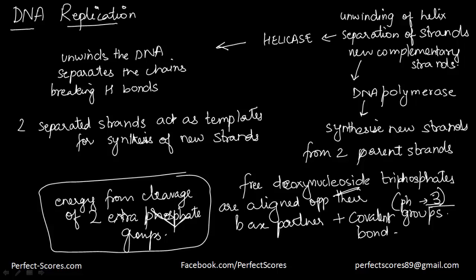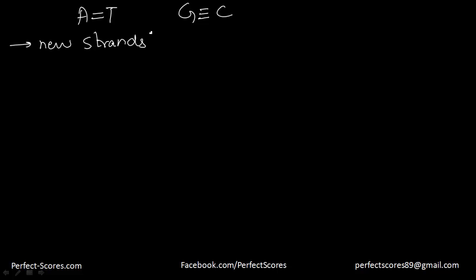And now you need to know what is the significance of complementary base pairing in conserving the base sequence of DNA. Each of the nitrogenous bases can pair only with its complementary partner. That means A with T and G with C. So when DNA is replicated by the combined action of helicase and DNA polymerase, the new strands will be identical to the parental strands or the template strands.